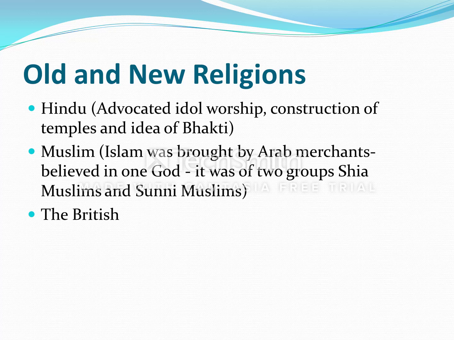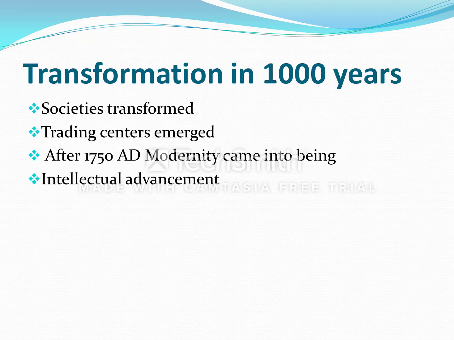Then the next thing we need to see here is the time of historical period. The British historians divided Indian history into three periods. We have seen Hindu, Muslim and British. They made the divisions on the basis of time and historical periods.